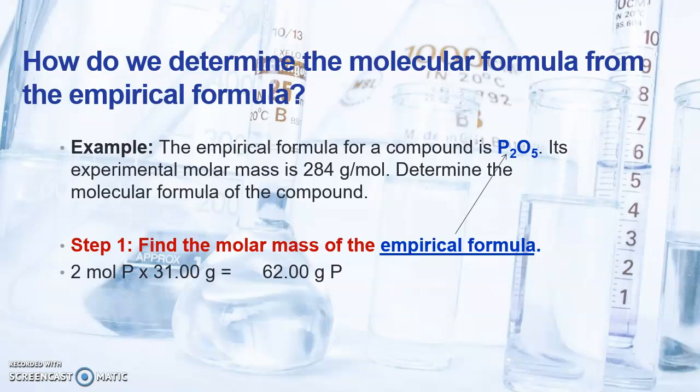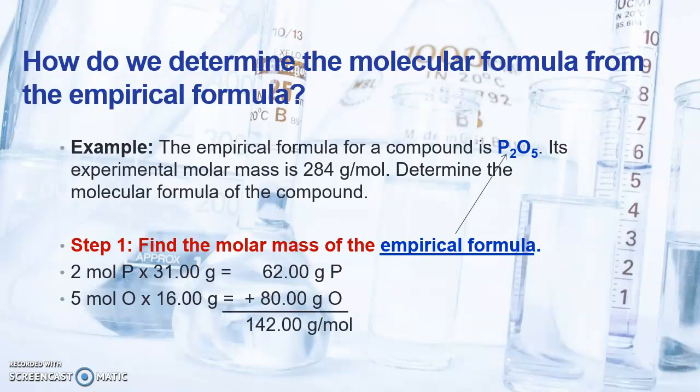Simply multiplying 2 with 31, you will get 62 grams. While for oxygen, there are 5 moles of oxygen. Multiply it with its atomic mass, which is 16. The answer is 80. So you get the sum of these two numbers, 62 plus 80. The answer is 142 grams per mole.